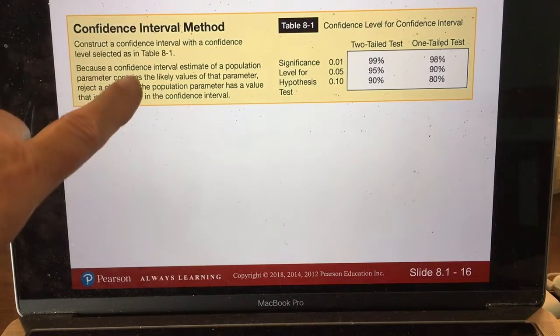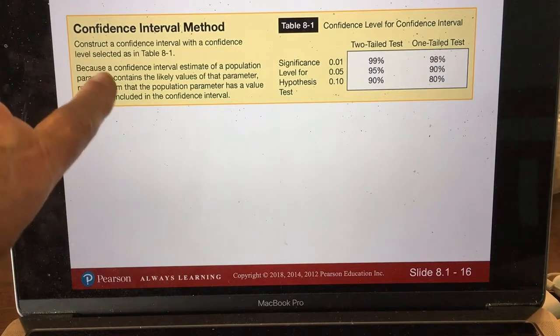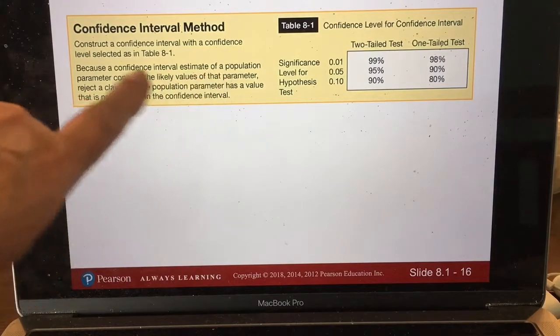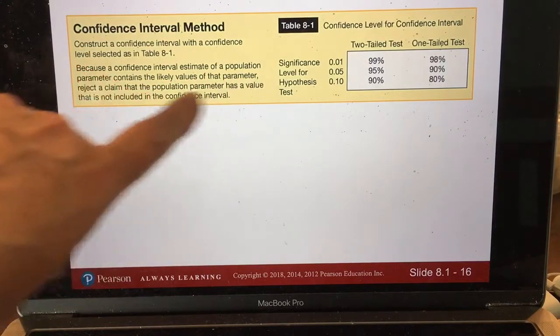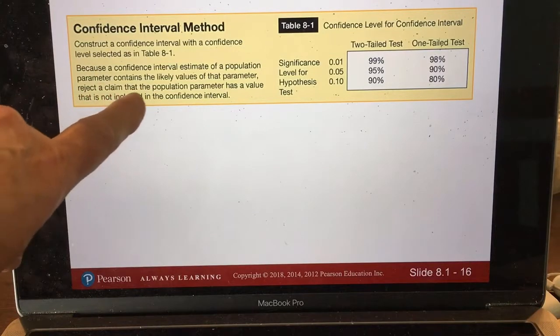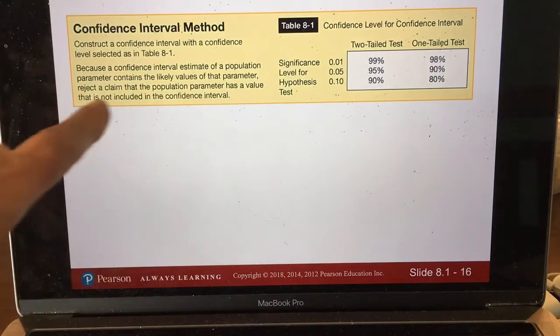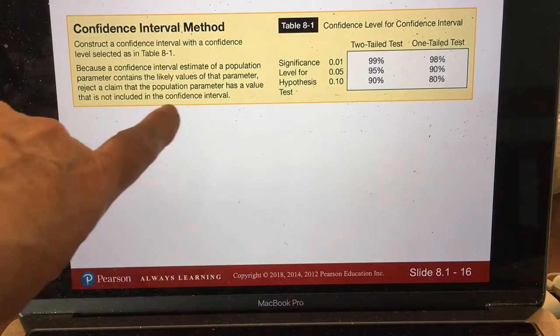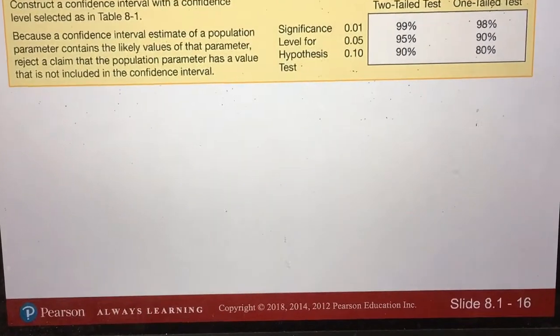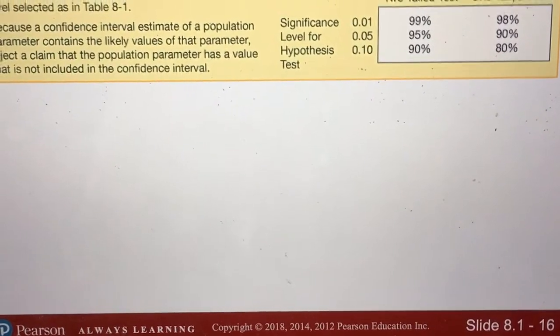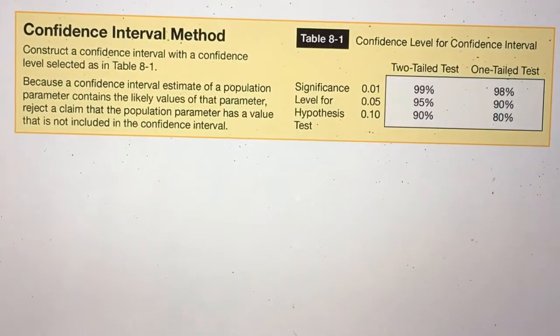This is the same confidence interval here, because a confidence interval estimate of a population parameter contains the likely values of that parameter. Reject any claim that the population parameter has a value that is not included in the confidence interval. In other words, the confidence interval is always reasonable values for our parameter that we're looking for.